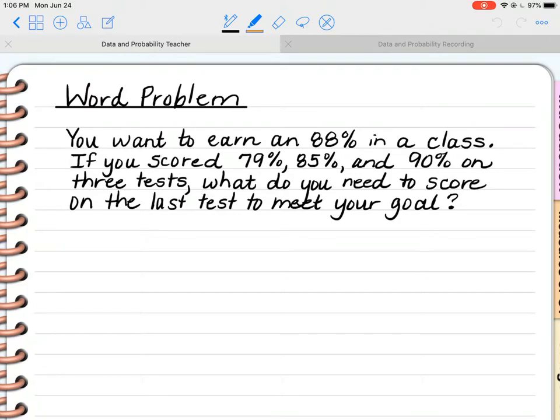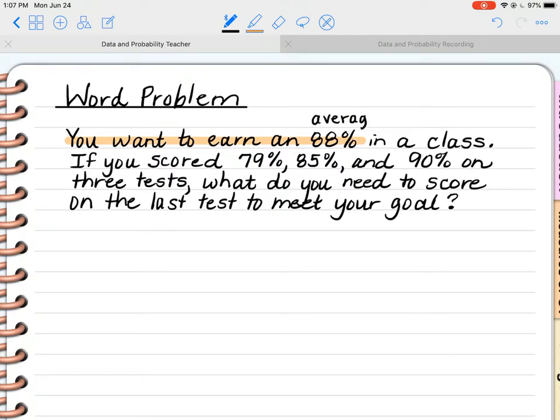Okay, one of the first things that makes this tough is that there is no mean, median, mode, range. None of those words is in this word problem. So I'm having to sort of figure out, using some background knowledge, what it is they're wanting me to see. Okay, so here is the key. You want to earn an 88%. Well, that is an 88% average.